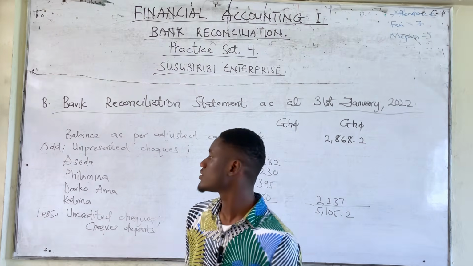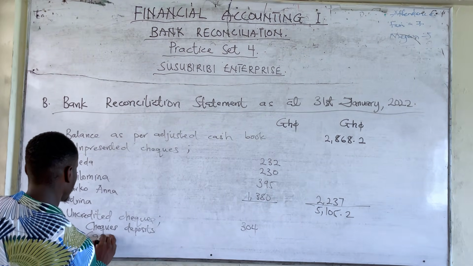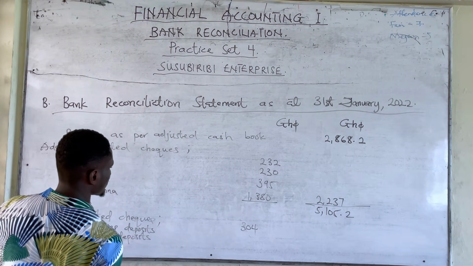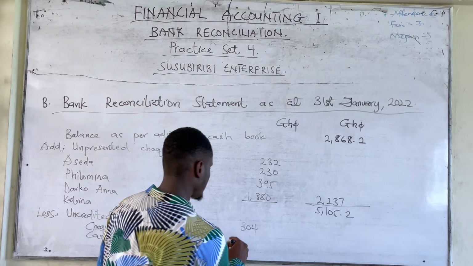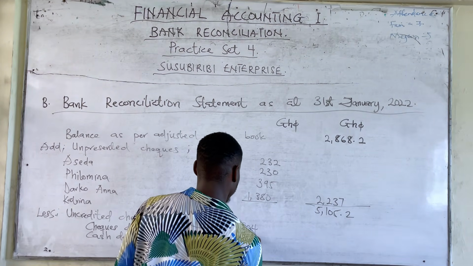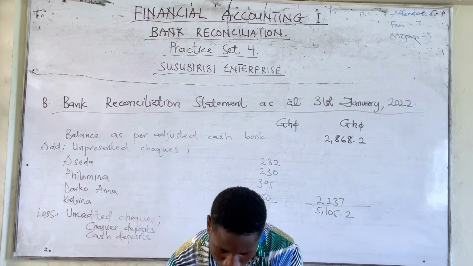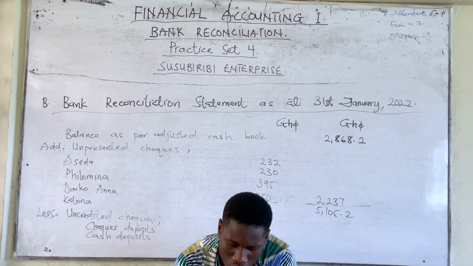Okay, so it was not credited by the bank, so therefore we have to what? Show the amount here as cash deposits, which is 1,630. Good. Then we move on to check deposit was recorded.